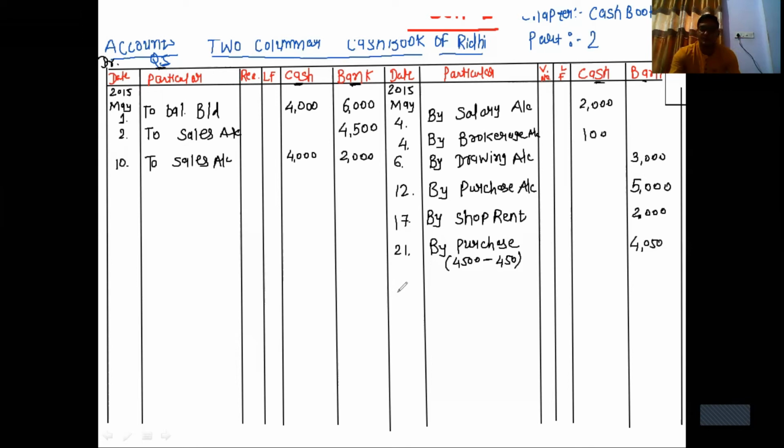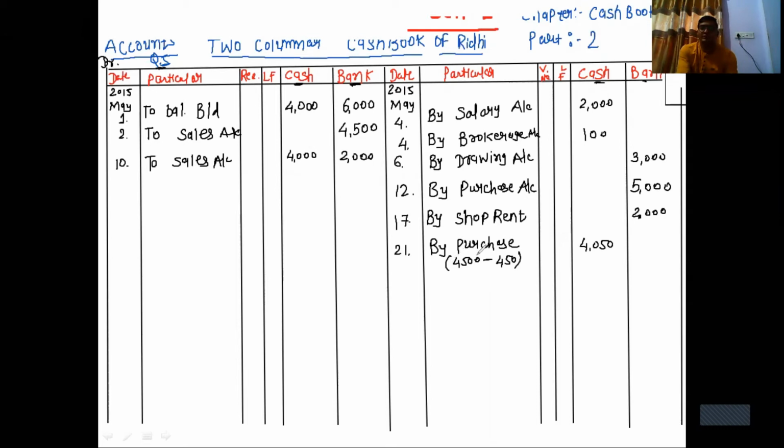We have purchased the goods, so cash goes out, and here it is paid by cash, so we have to write in the cash column, not in the bank column. In the cash column we write 4,050. Again, we purchased the goods for 4,500, but we received a discount of 450.